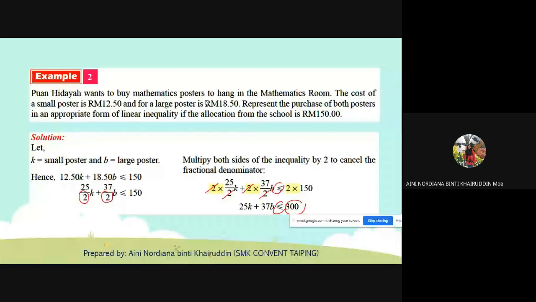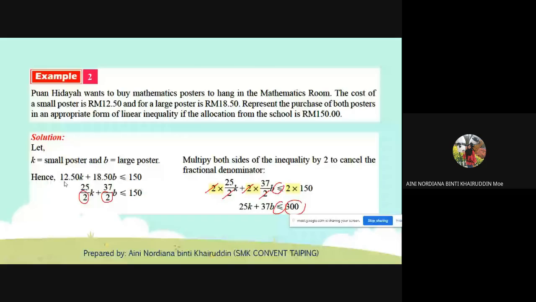For example 2, the final answer cannot be in the form of decimal or fraction. It must be in the form of whole number. So you have to do something in order to answer in whole number form. So first, you change the decimal number to a fraction.